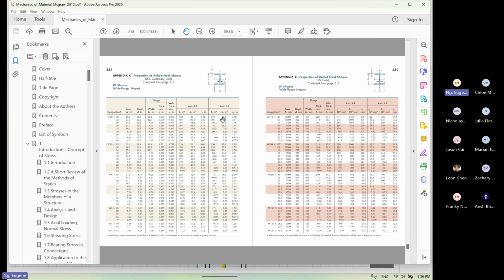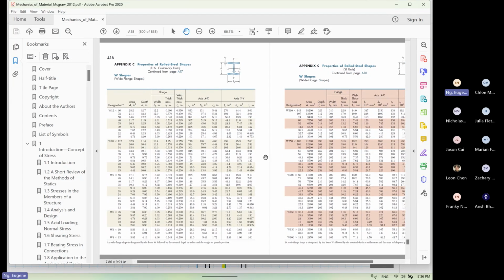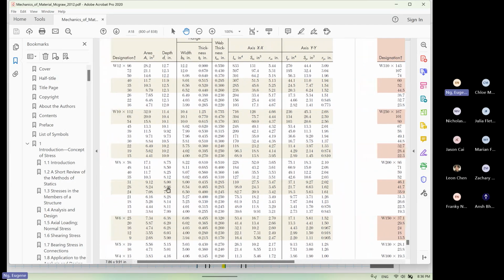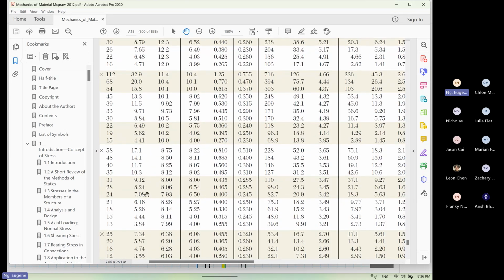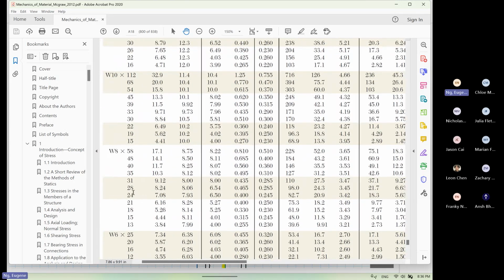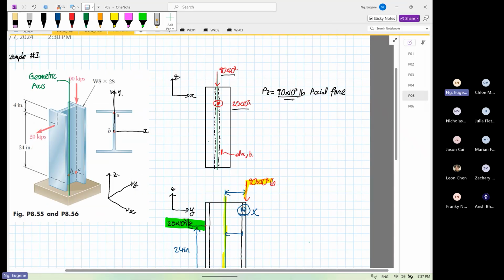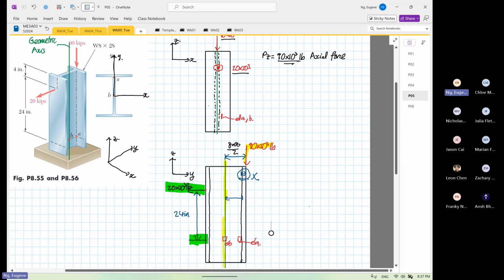You just go down to here, W8x28, and we are going to find the distance D. For W8x28, the D value is 8.06. So you come over here, this distance is 8.06 divided by 2. Now you calculate your perpendicular distance.